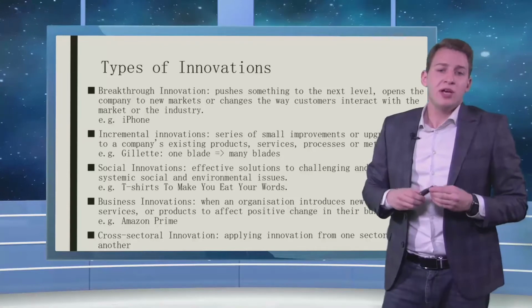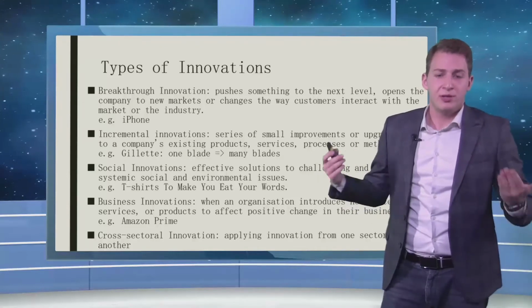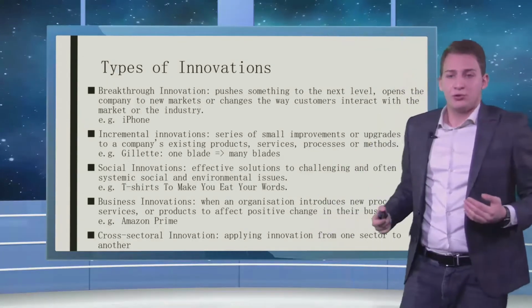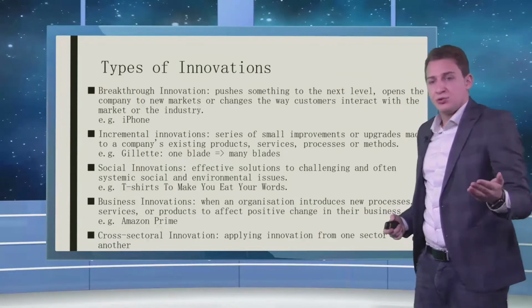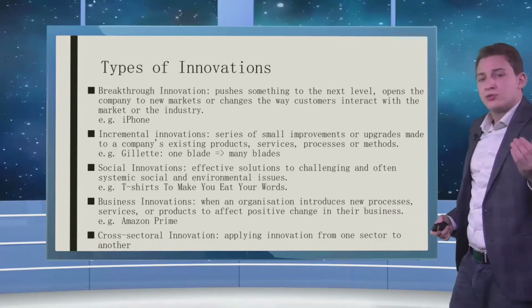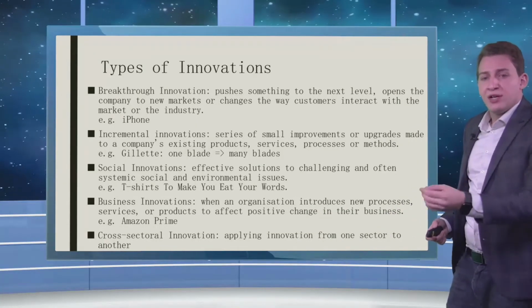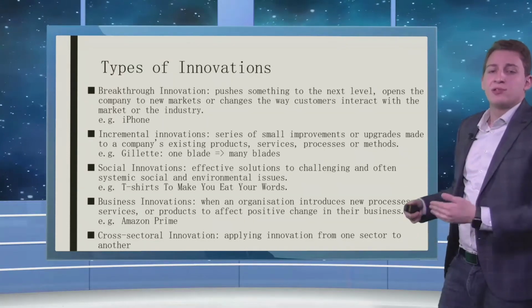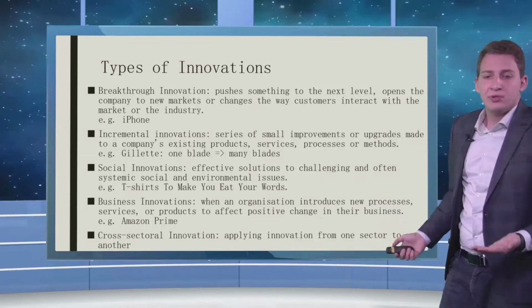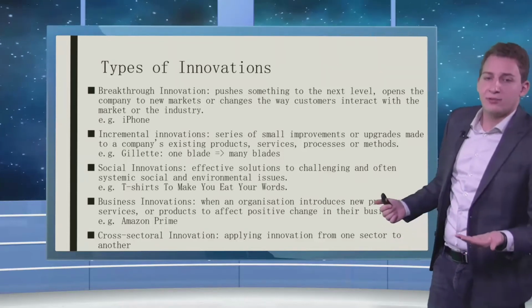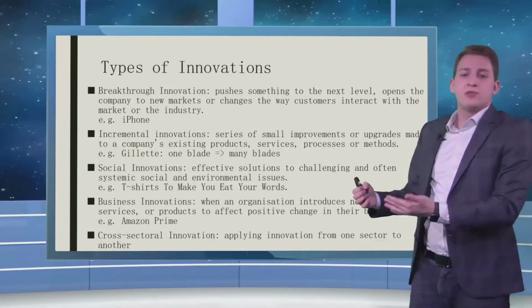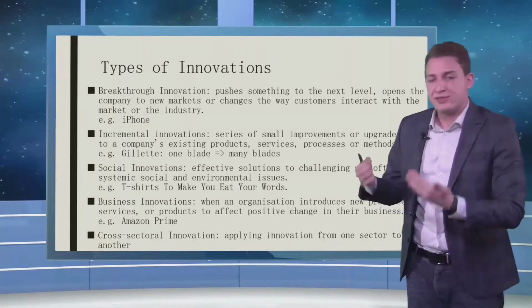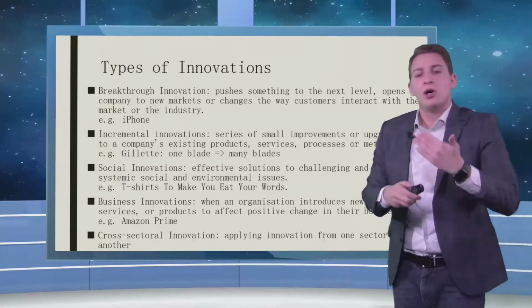And you also have business innovations, which is another type of innovations, and which actually happens when an organization introduces new processes, services, or products to affect positive change in their business. So for instance, a recent example is Amazon Prime. What happened before on Amazon, you used to buy, for instance, a Kindle, and you used to buy ebooks, and it was more like a transaction. So you buy them on a one-off basis.